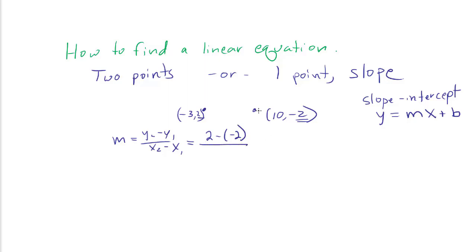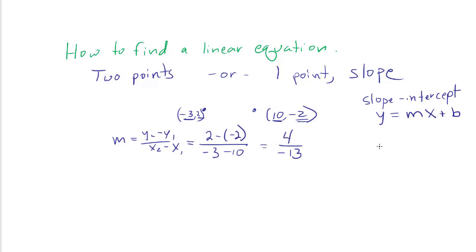So for my x2, I have to use -3 as my x2 then, minus my x1, which is 10. The result for the slope here would be 2 minus, or plus 2, which is 4. 2 plus 2 is 4. -3 minus 10, which is -13. The slope between these 2 points, or the line that passes through these 2 points, is -4/13.